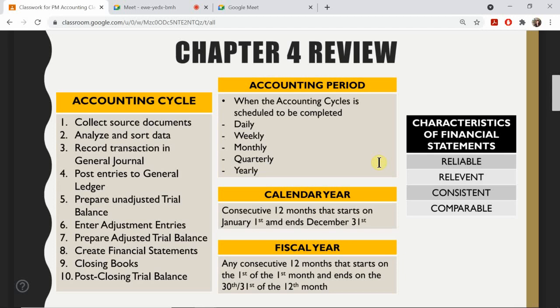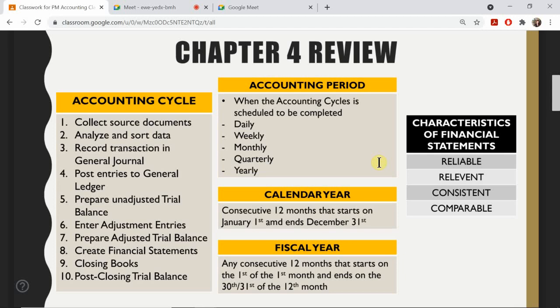The first thing that you've got to do is collect your source document. Second, you analyze and sort the information. Third, you journalize it, or record the transaction in your journal. Then the fourth is to post it to the general ledger. Fifth is to complete an unadjusted trial balance. Sixth is to complete your adjustments.